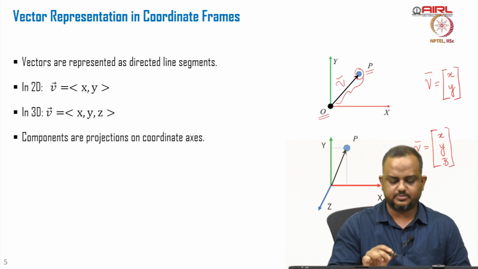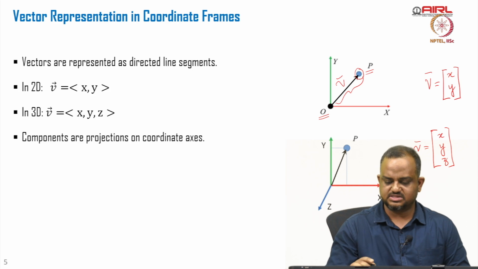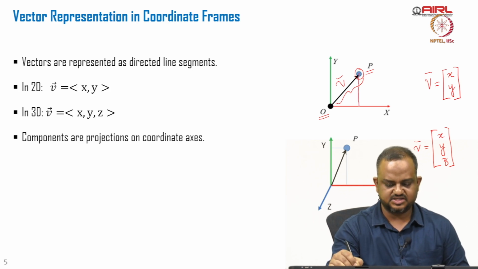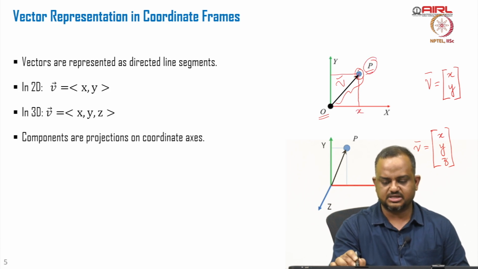So the components are the projections on the coordinate axes. What does that mean? If the vector is projected on the x axis, then we get the x coordinate of the point P. If we project on the y axis, then we get the y coordinate of the point P.